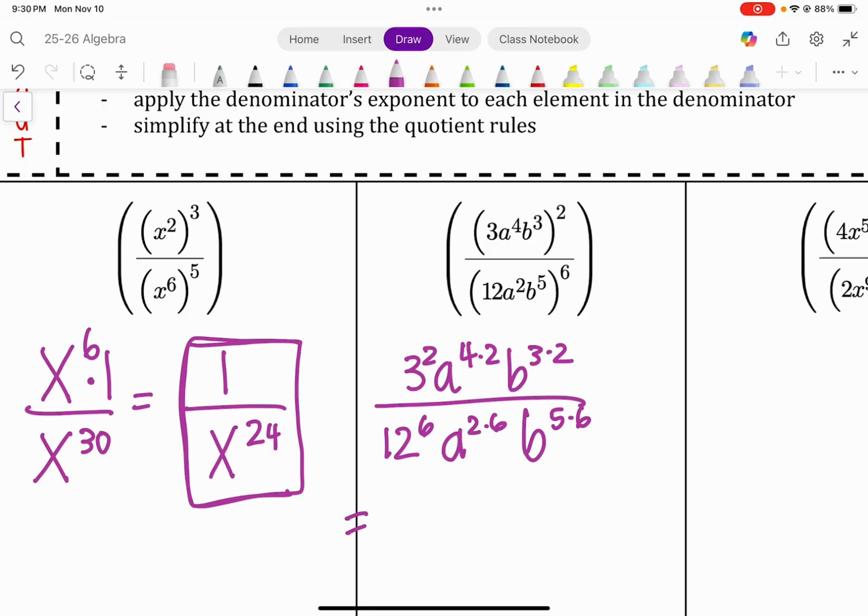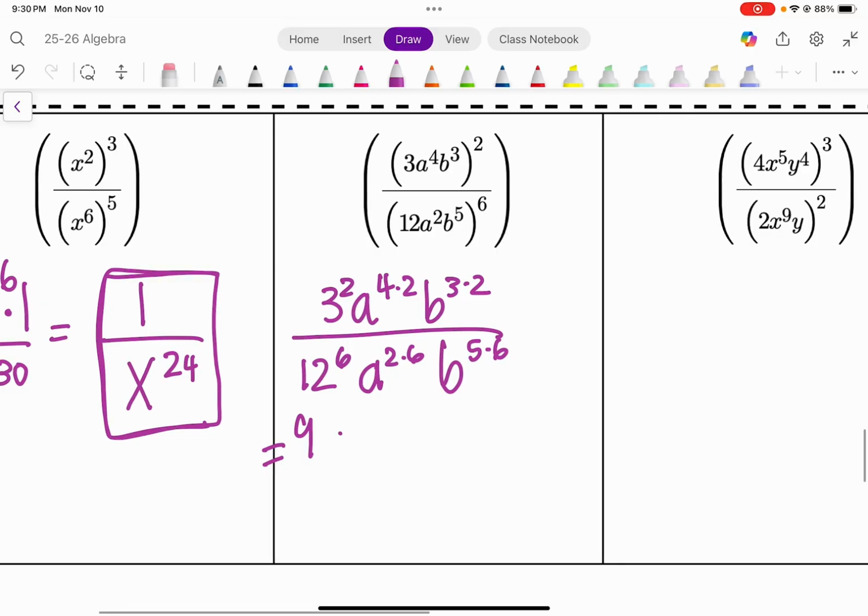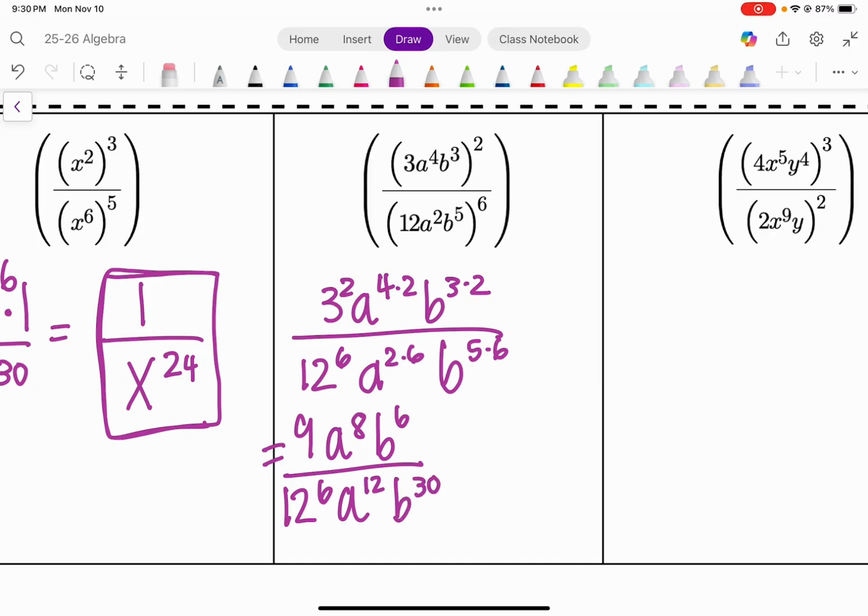And now I'll simplify. 3 squared is 9. A to the 8, B to the 6, divided by 12 to the 6th, no idea what that is. A to the 12, B to the 30.